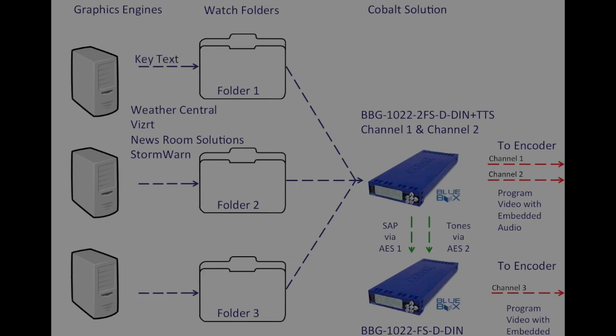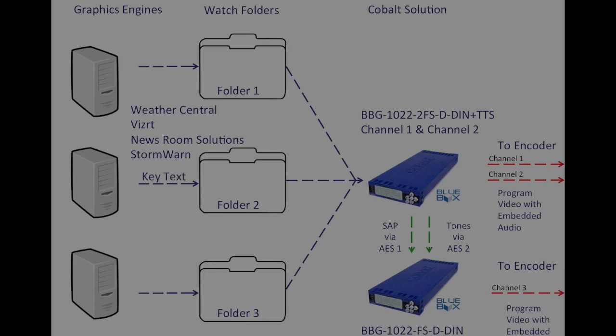So when we have different key information and it's seen by the watch folder, you might have several different storm systems or weather systems or news systems that are putting their key text into these different watch folders. Then we will delete the text once it's been played.